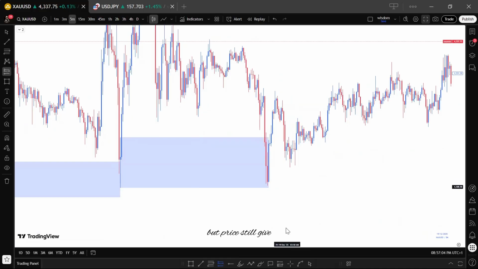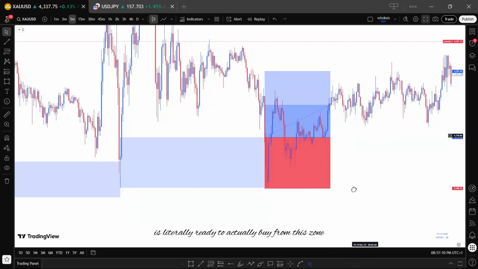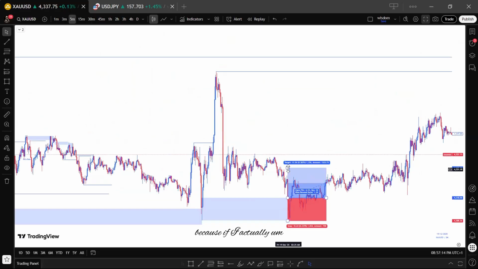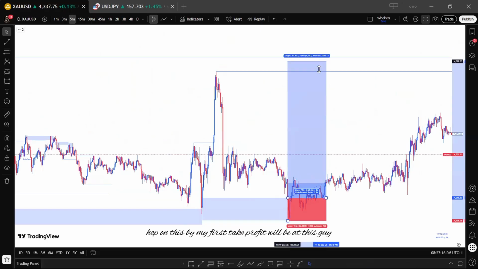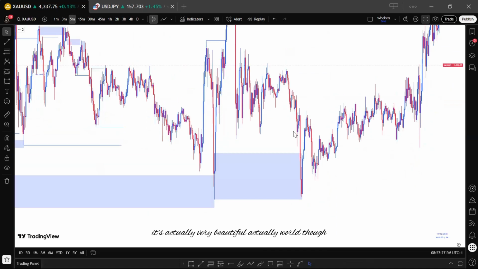But price still gave me a confirmation that it is ready to buy from this zone. Because if I hop on this buy, my first take profit will be at this guy, which is 1:5. Then the second take profit will be at this all-time high, 1:6. It's a very beautiful ratio though.